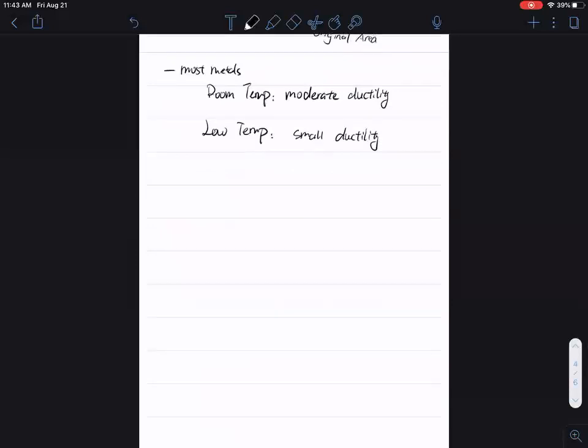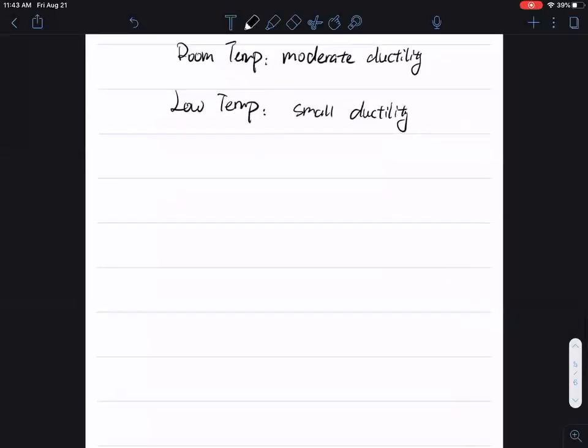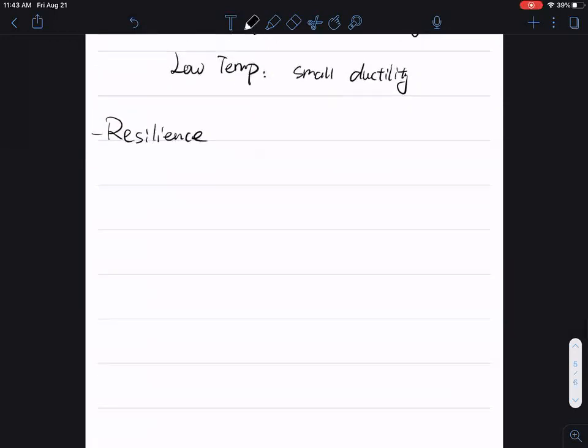The next mechanical property we're going to talk about is resilience. Resilience is the capacity of a material to absorb energy when it deforms elastically, and then upon unloading to have that energy recovered.